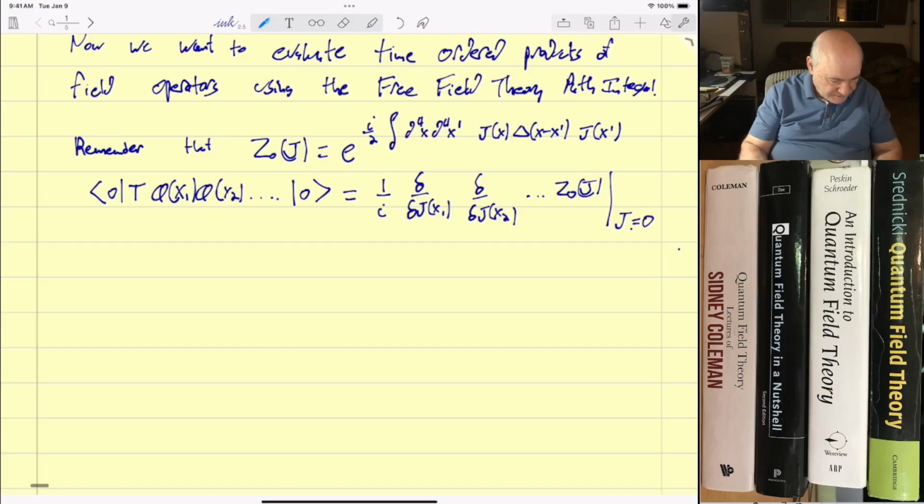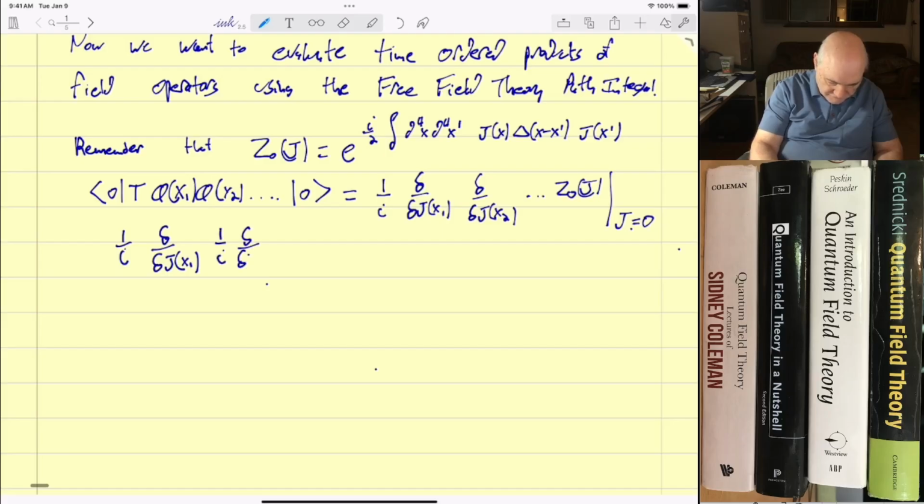Now let's do the 2-point function. So let's calculate 1 over i delta over delta J(x1), 1 over i delta over delta J(x2), Z0[J], evaluated at J equals 0.